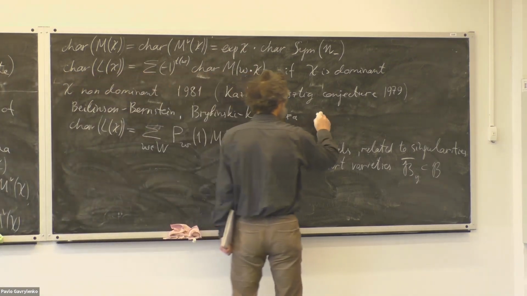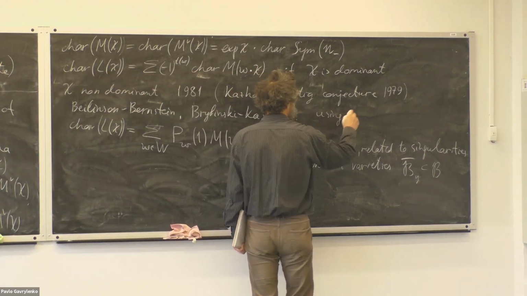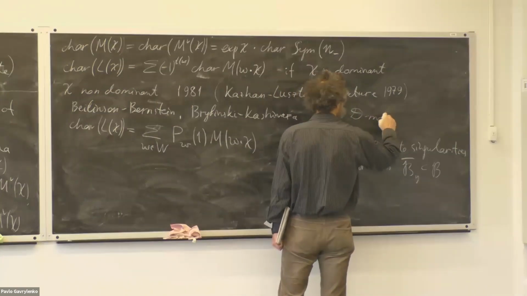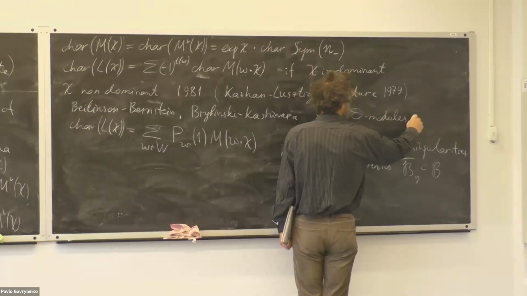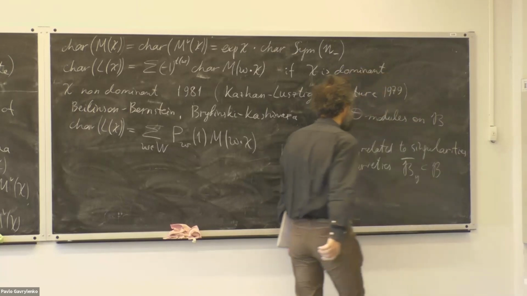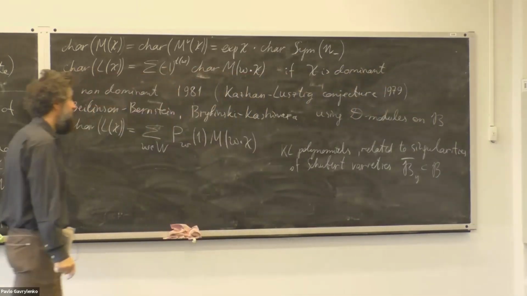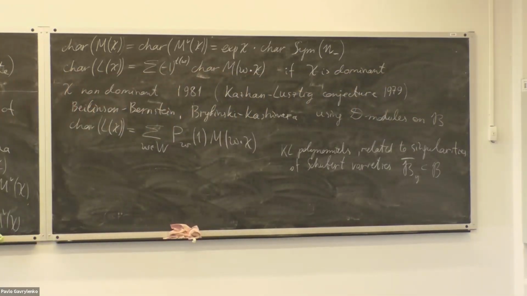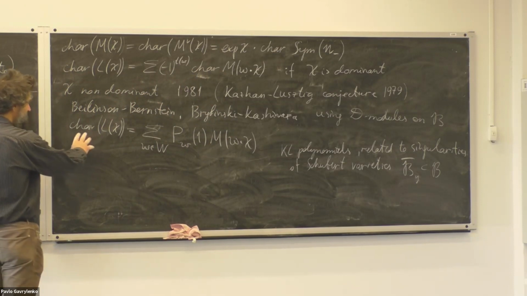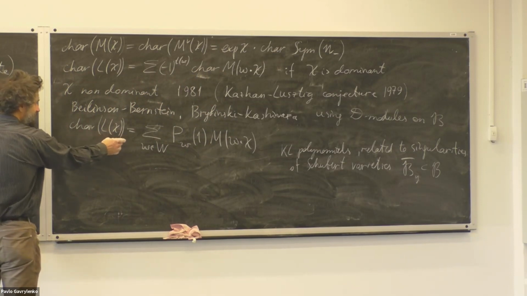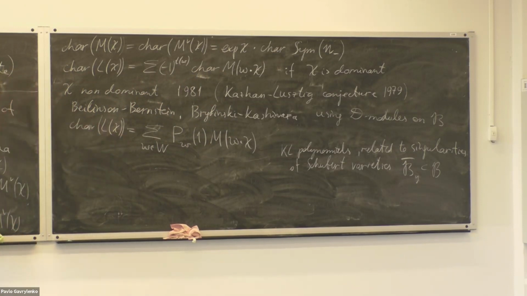somehow using D modules on the flag variety. In fact, it has another independent proof that just somehow repeats the proof for the affine Hecke algebra case.